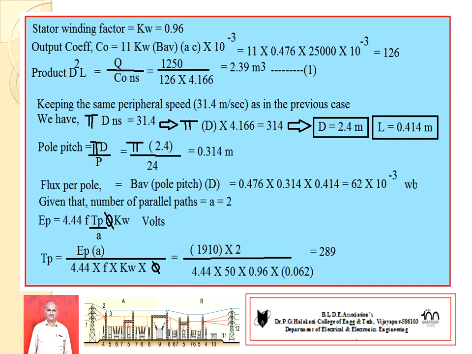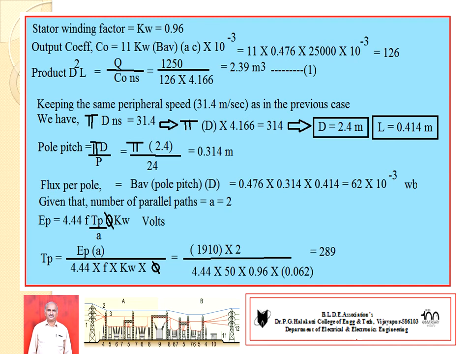So from the output equation, Q equals C0 D square L Ns for an AC machine. Therefore D square L equals Q divided by C0 Ns. So we are going to get 2.39 meter cube. Call this equation 1.